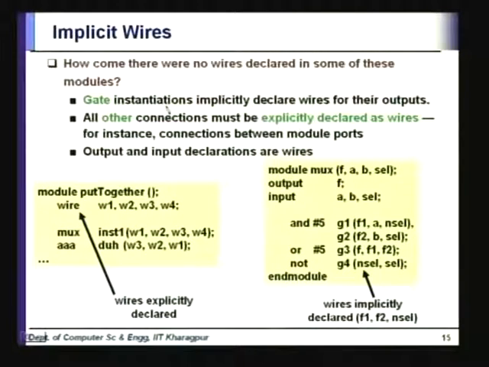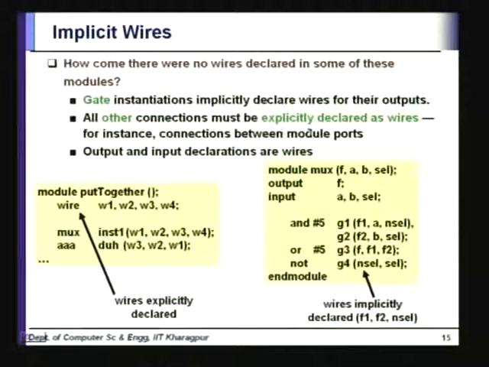Now, implicit wires. I already talked about this. How come there are no wires declared in some of these modules? This module mux, for example, does not have a wire, because gate instantiations implicitly declare wires for their outputs. For example, F1, F2, N cell are wires that are implicitly declared.